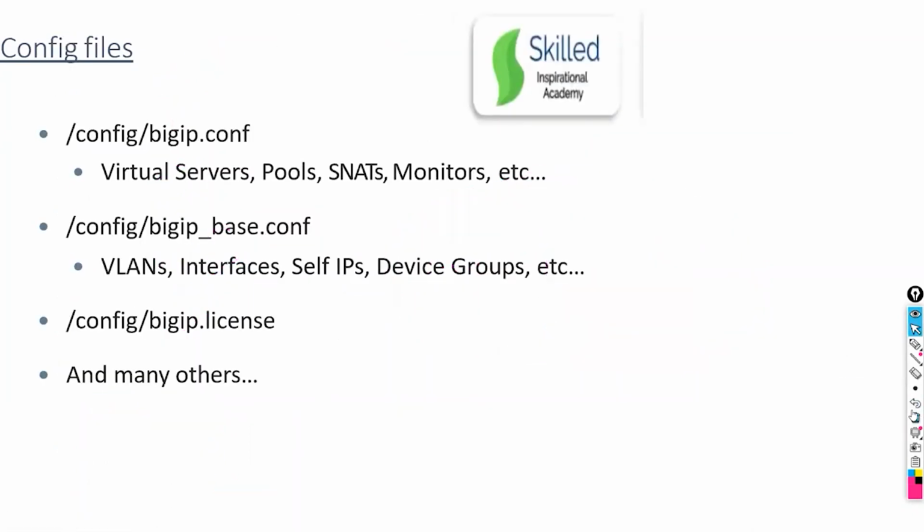Now, guys, there are many configuration files present in F5. One is bigip.conf, one is bigip underscore base, one is bigip.license. All your licenses are stored in this directory, guys. So you just need to remember, as an interview question, they can ask which directory the license file is present in.